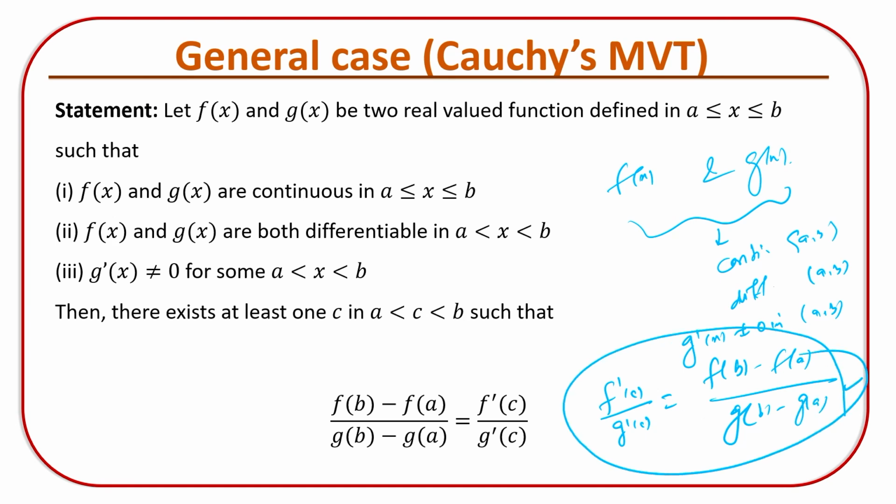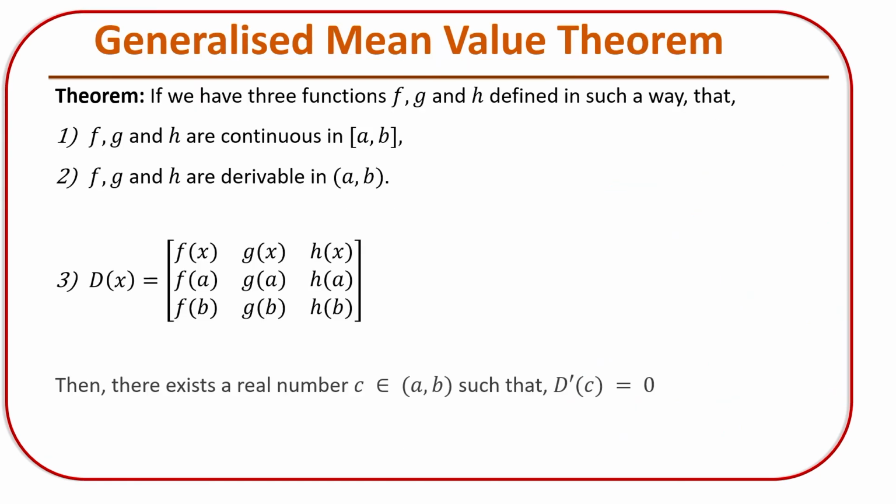This is the Cauchy mean value theorem, and if you extend it by introducing another function h(x), then it becomes the generalized mean value theorem. So, what is the generalized mean value theorem?